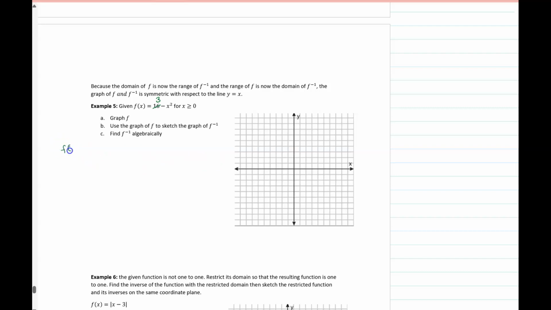So f of x is moving 3 units up and flipped over the x-axis compared to the graph of x squared.